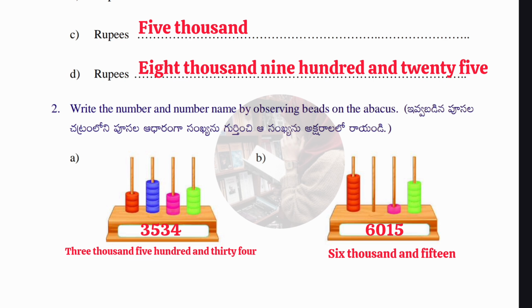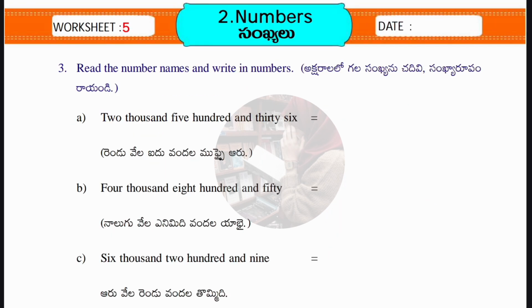Now we'll move to the same worksheet, but the third question, which is: read the number names and write in numbers. Here we have given the numbers in word form, in expanded form. What we have to do is write them in number form. The first number is 2,536. Write down 2536. Next number is 4,850. Write down 4850.